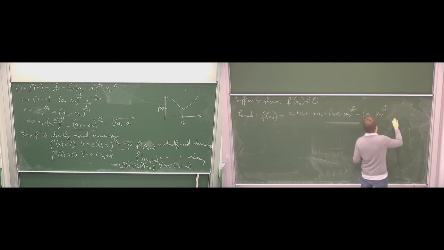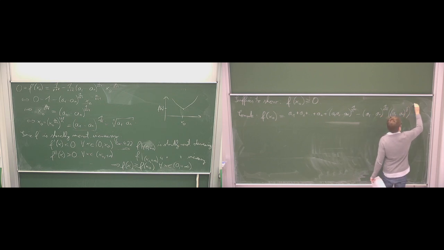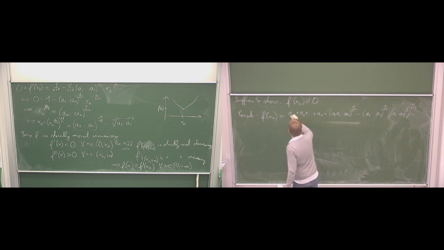This was part of the function. And then we have x0 to the power of n plus 1. This means we have a1 to an to the power of 1 over n. This is x0 here to the power of 1 over n plus 1. Oh, and here I forgot to divide this by n plus 1, of course.